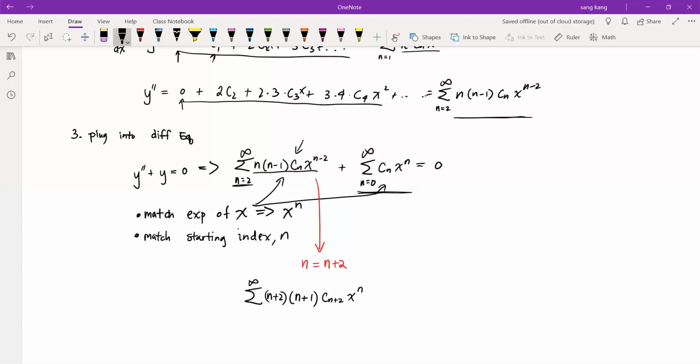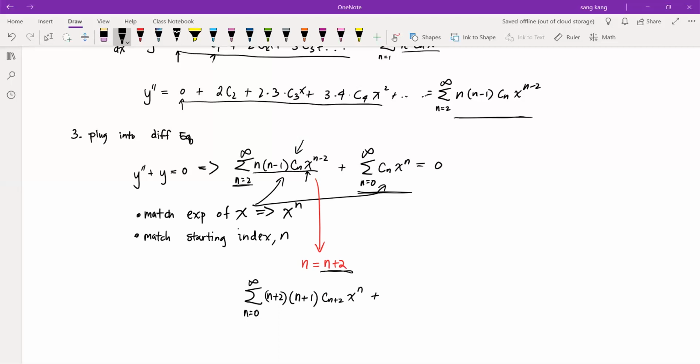If n started at 2, the first term would start at x to the 0 power. So that means we need to start the index such that this starts with x to the 0. That means n should equal 0, right? So it wouldn't be as simple as increasing by 2 as we did with the terms on the inside. So just be careful with that.